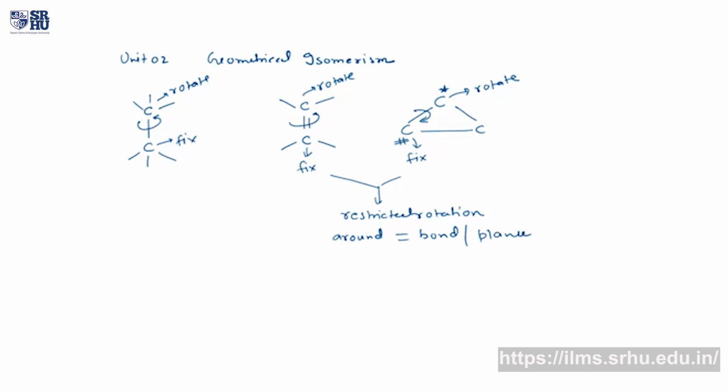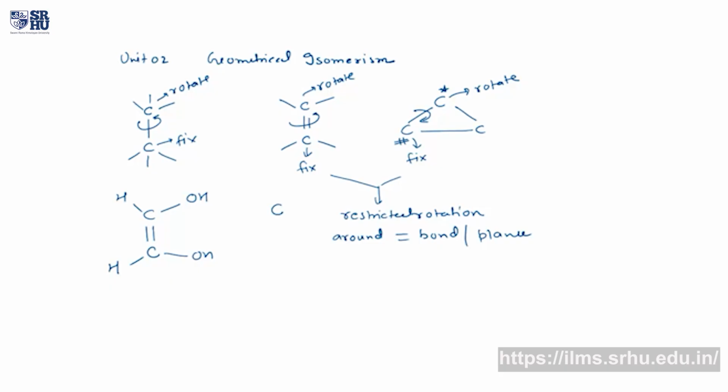two types of configuration. Let's say this carbon is attached with one hydrogen and one OH group, and it is doubly bonded to another carbon which is also attached to one OH group and one hydrogen.